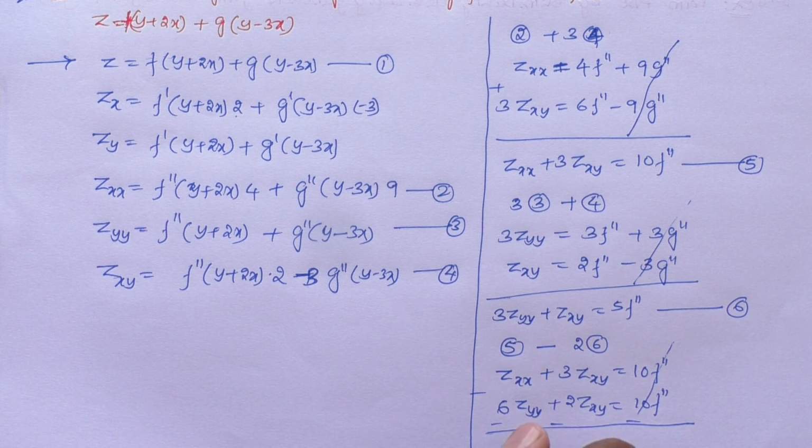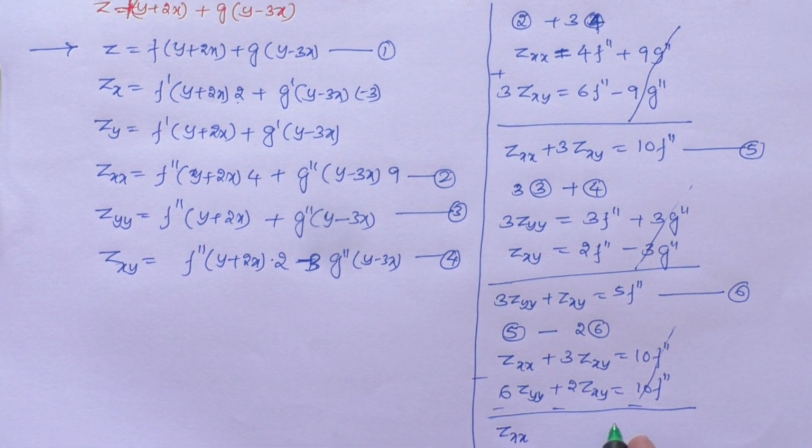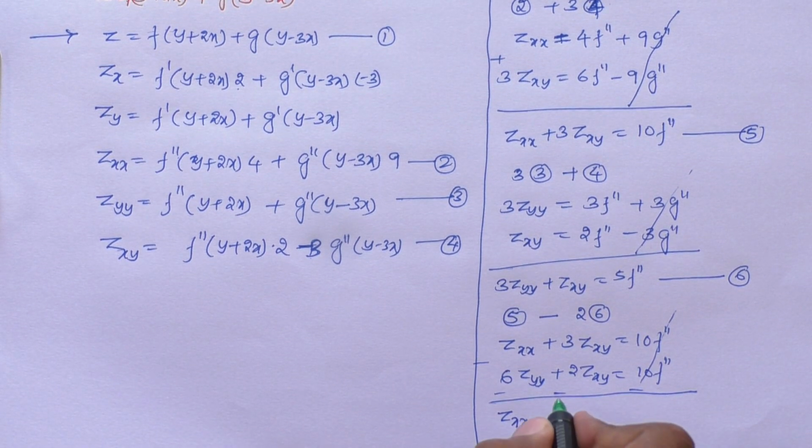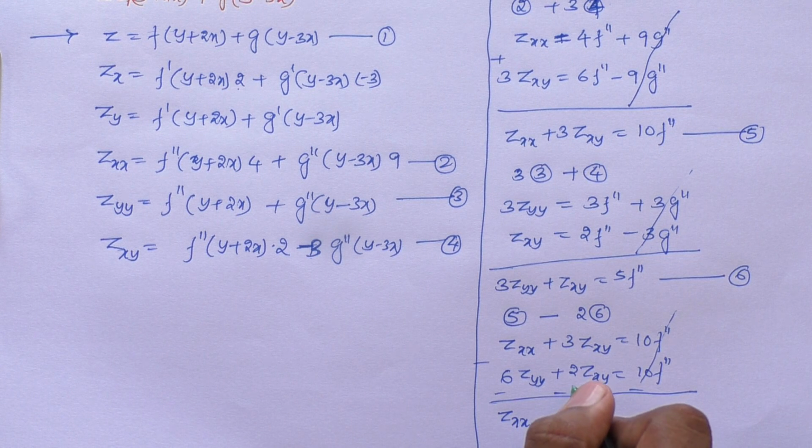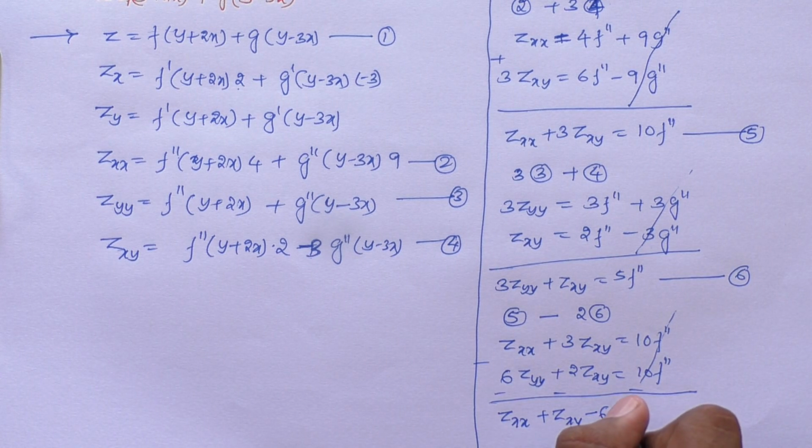So zxx plus 3 zxy minus 2 zxy, plus zxy, you will get minus 6 zyy equal to 0. So this is what we get.